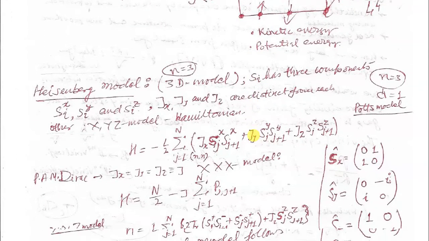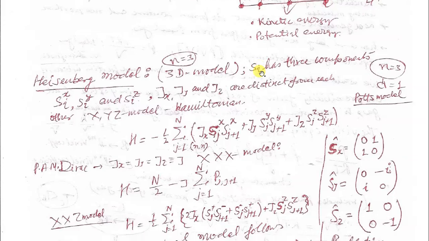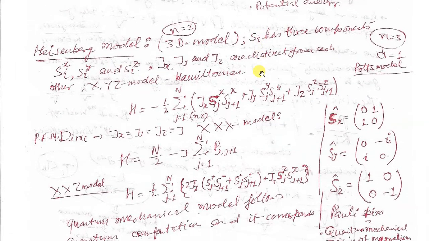It is a 3-dimensional model. In this case n is 3, the number of components of your system is 3, which you can arrange in either 1 dimension, 2 dimensions or 3 dimensions. So in this case each spin has 3 components. This is the n=3 case, where you have 3 spin components: Si is a spin attached to an atom which is forming your sample.